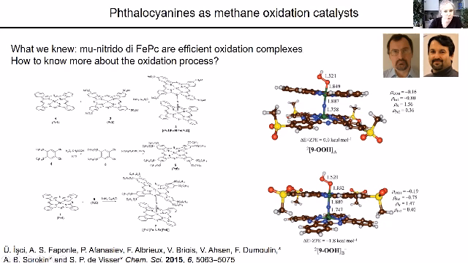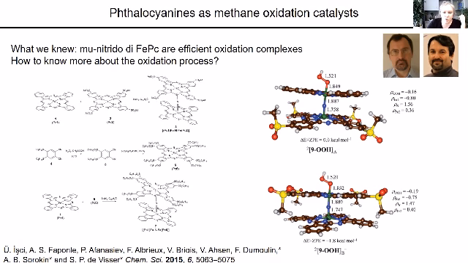So we had these two derivatives, and the idea was to check where the active oxidative species comes from, because you are using, of course, an oxidant. It can be hydrogen peroxide or tert-butyl peroxide.